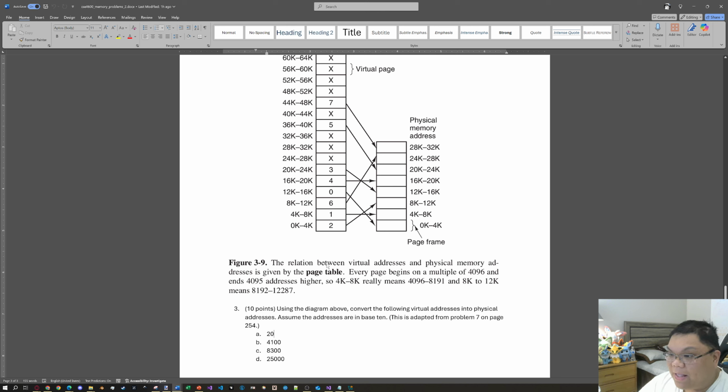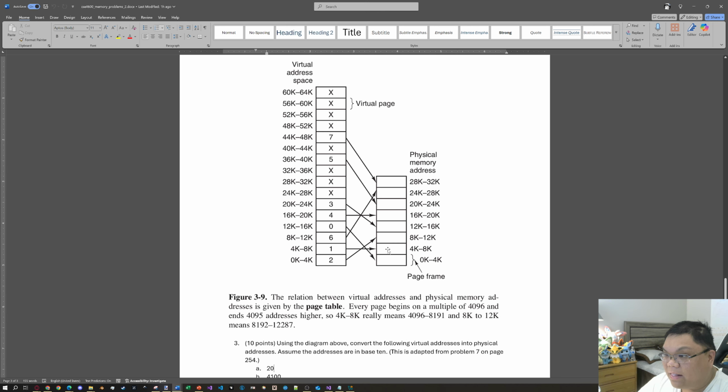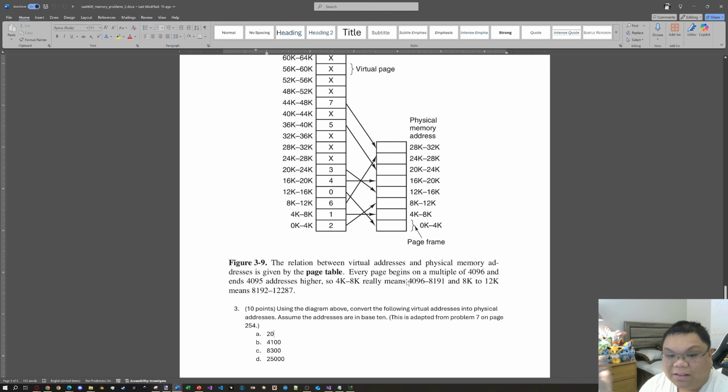We look at where page 1 is loaded in physical memory, and it is loaded in frame 1. So frame 1, we multiply the frame number by the size of the page, and we get 4096. We add that back to our offset, which was 4, and then we get physical address 4100.